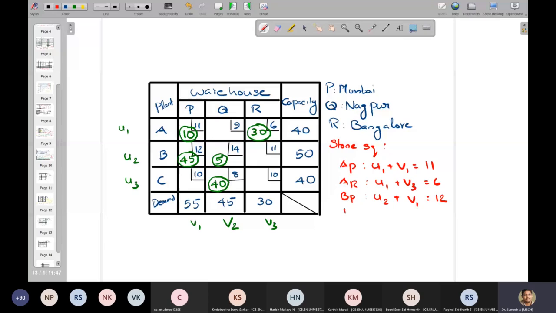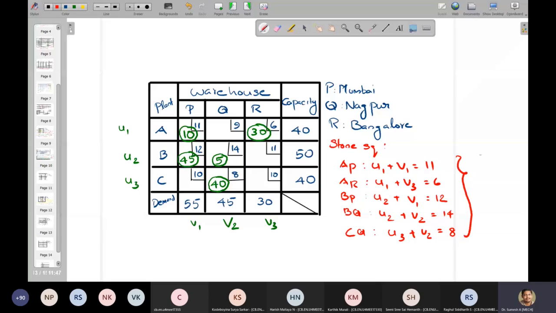BQ equals U2 plus V2 equals 14. Then you will have CQ: U3 plus V2 equals 8. Okay, like the first condition.